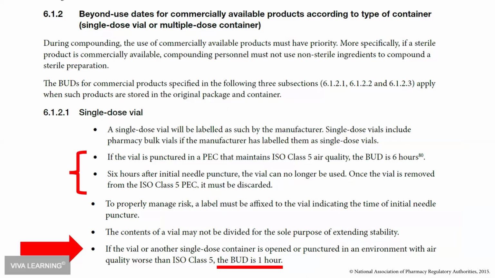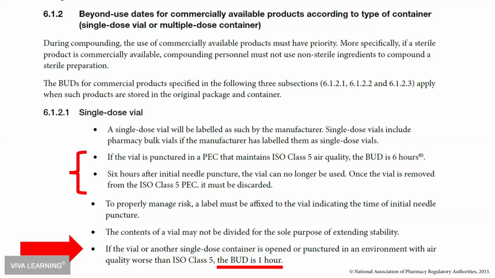So if you're accessing this vial under a hood, the beyond use date is 6 hours. It says 6 hours after an initial needle puncture, the vial can no longer be used. Once the vial is removed from the hood, it must be discarded.